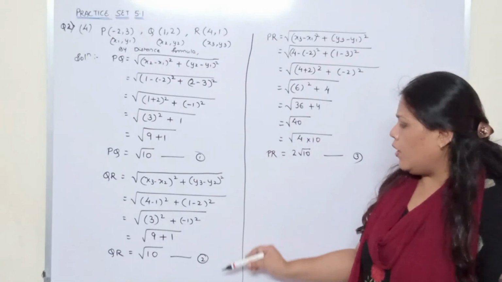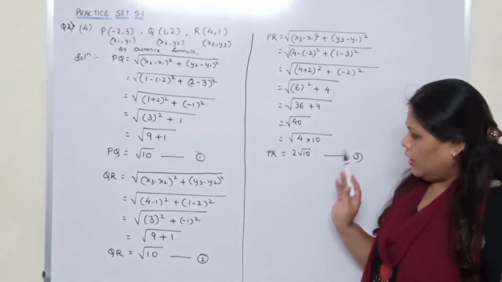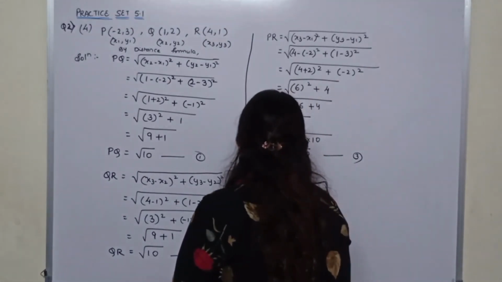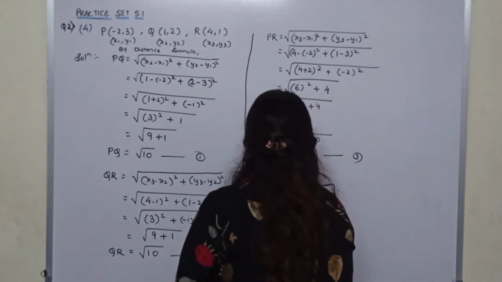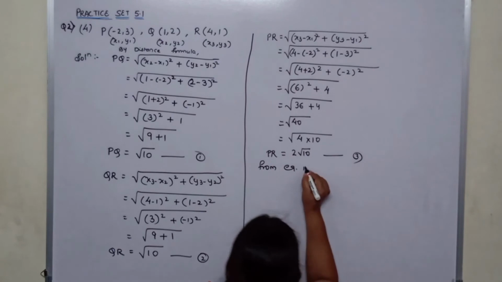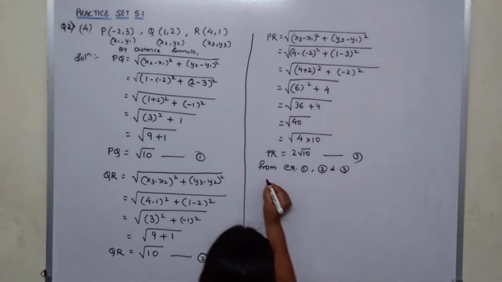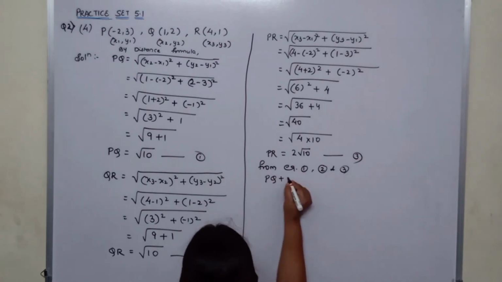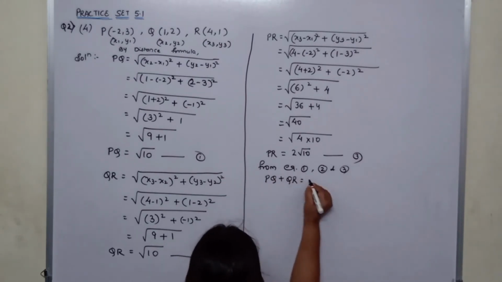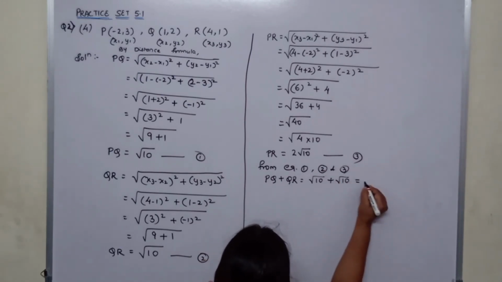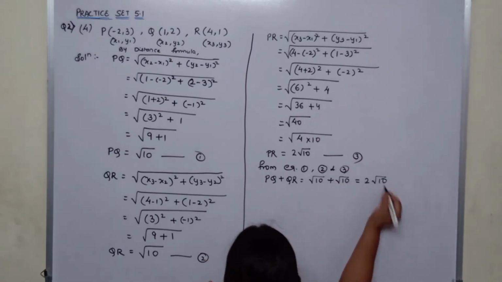Now if I add PQ and QR, I can get 2 root 10. Let's check. From equation 1, 2 and 3, PQ plus QR is equal to root 10 plus root 10, that is equal to 2 root 10.